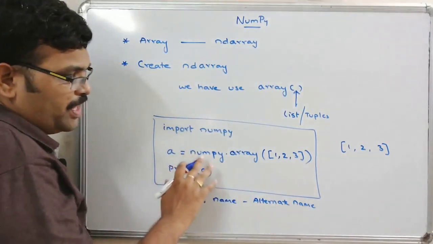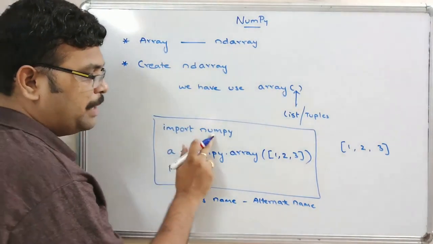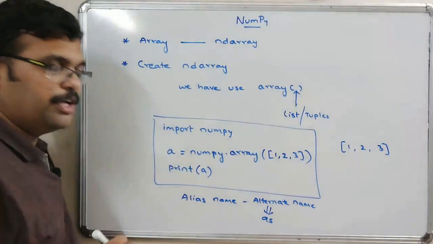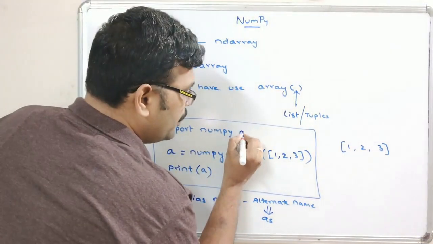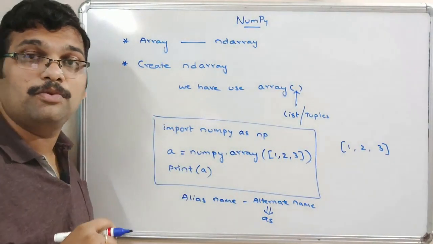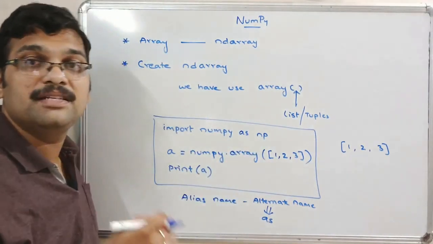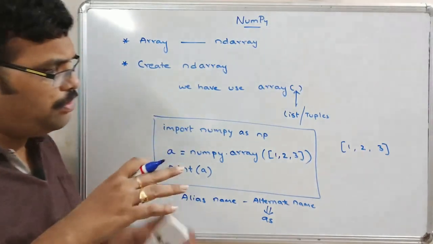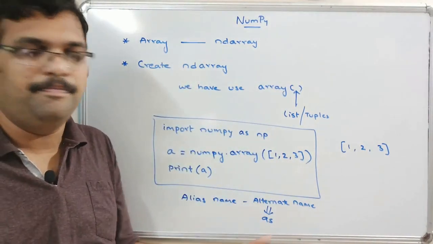See, example. Let us take the same example. Here I am giving import numpy, and the alternate name can be assigned by using the keyword as. So import numpy as np. In most websites and materials you can find this np. So np is nothing but an alternate name. There is no rule to use only np; we can use any alternate name.